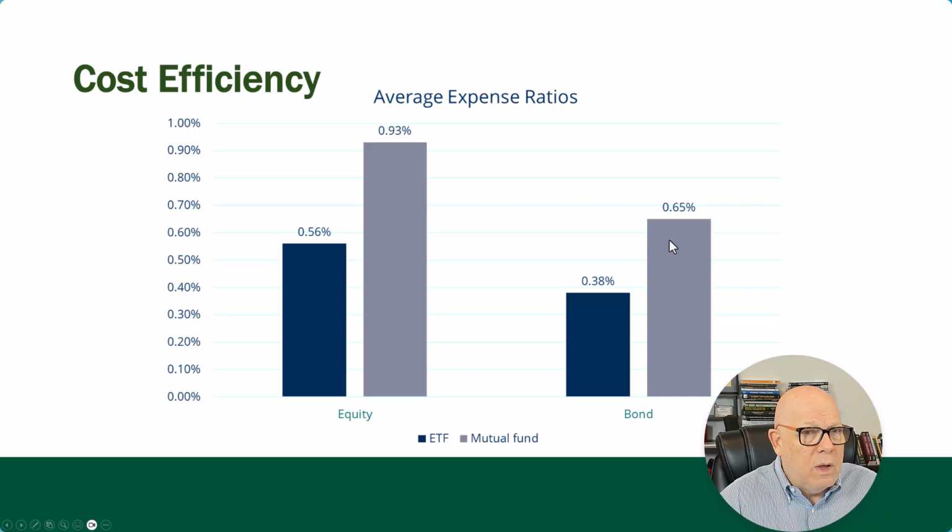Similar on bonds. If you look at bond mutual funds, the average expense ratio is 0.65%. There's more activity involved in trading bonds. For an ETF, 0.38%. So ETFs typically have lower expense ratios. Part of it is there are more passive ETFs than active ETFs, but the active ETF market is growing each year.